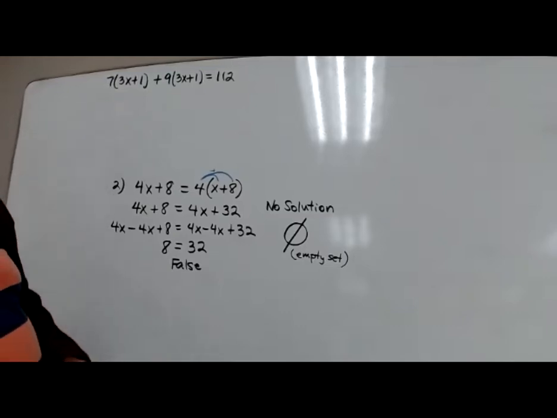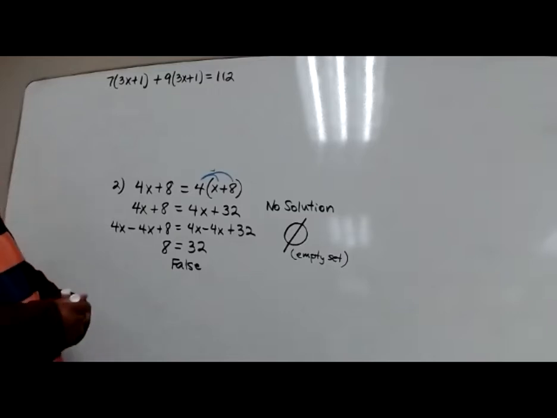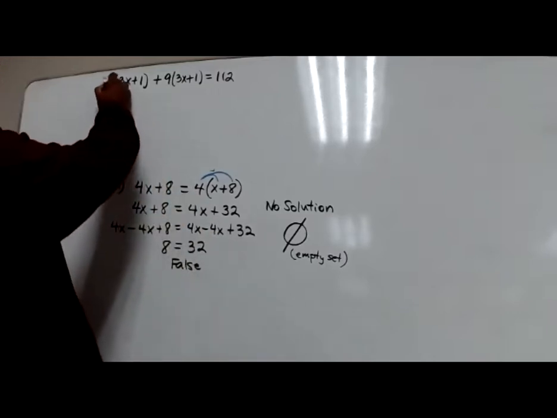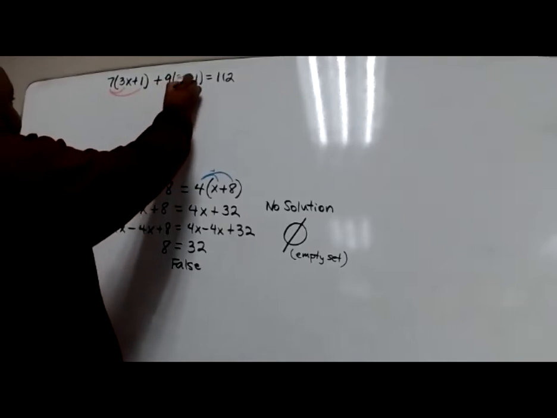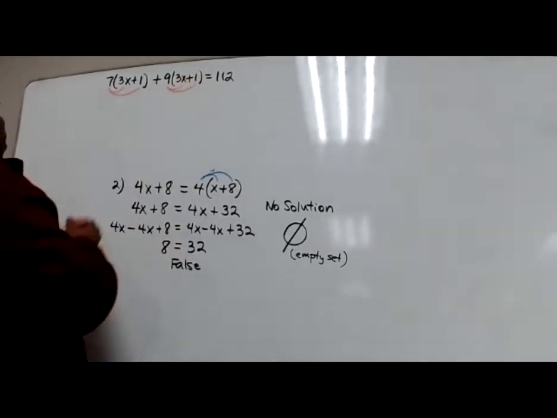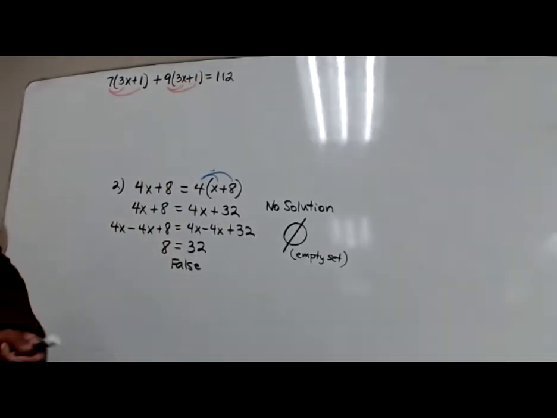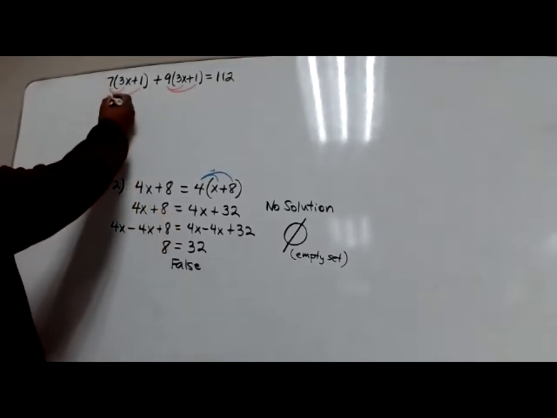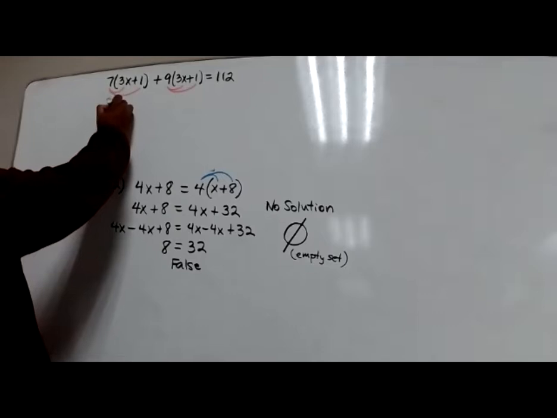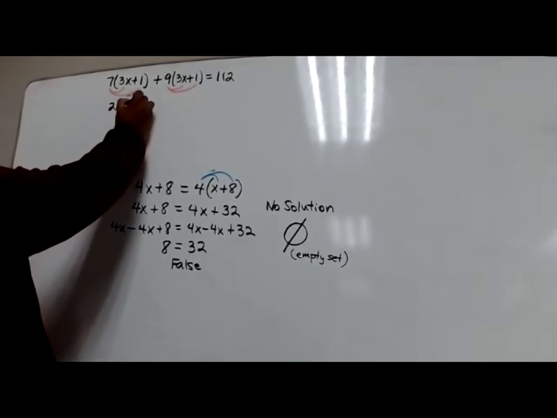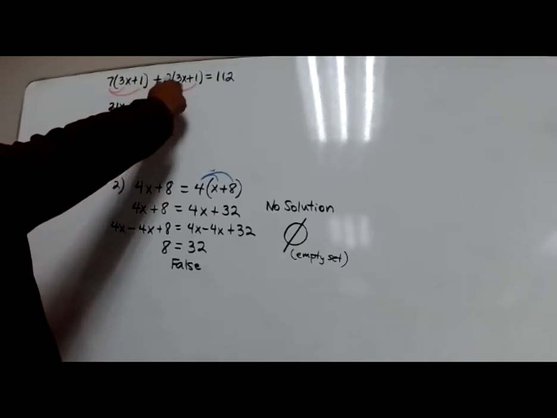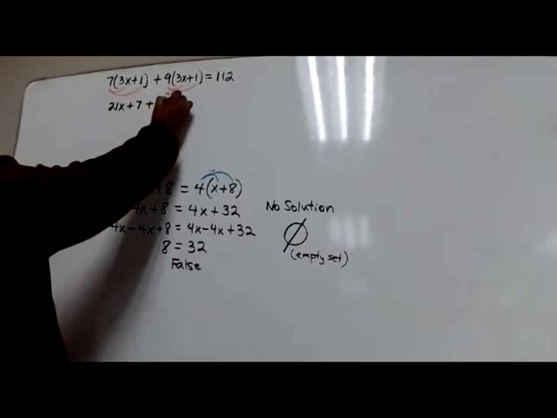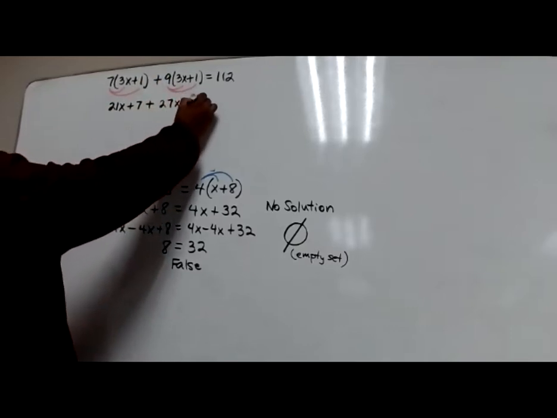One of them, of course, is to use the distributive property by distributing the 7 over the 3x and the plus 1, and also distributing the 9 over the 3x plus 1. So 7 times 3x is 21x, plus 7 times 1, which is 7, plus 9 times 3x is 27x, plus 9 times 1, which is 9.